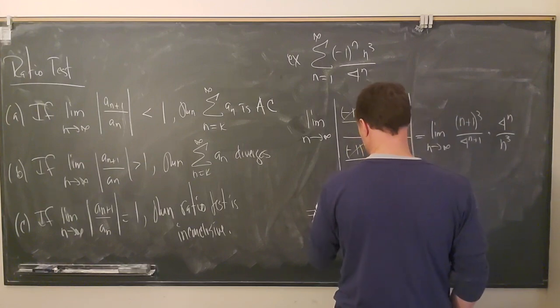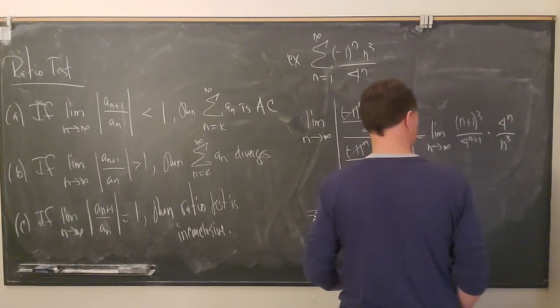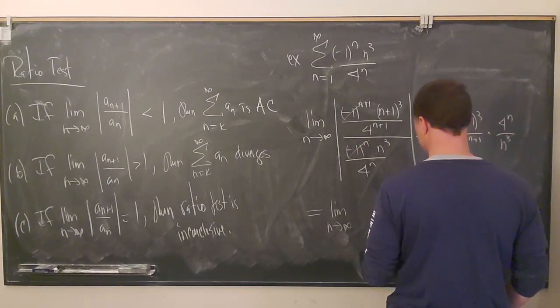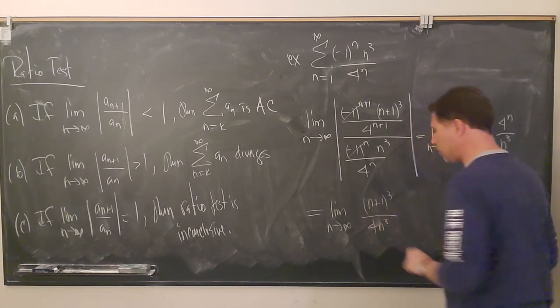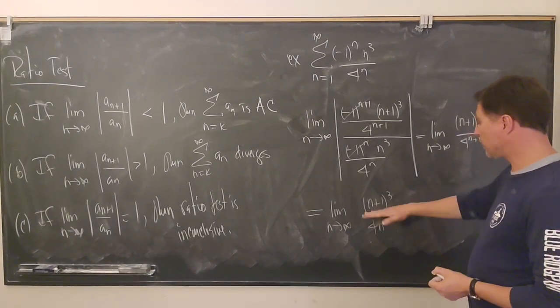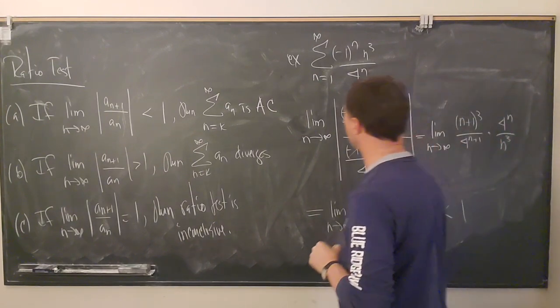I can cancel some 4's here, and what I'll get is (n+1) cubed over 4n cubed. Now this is polynomial over polynomial. The degrees match, so the limit is 1/4, which is strictly less than 1.